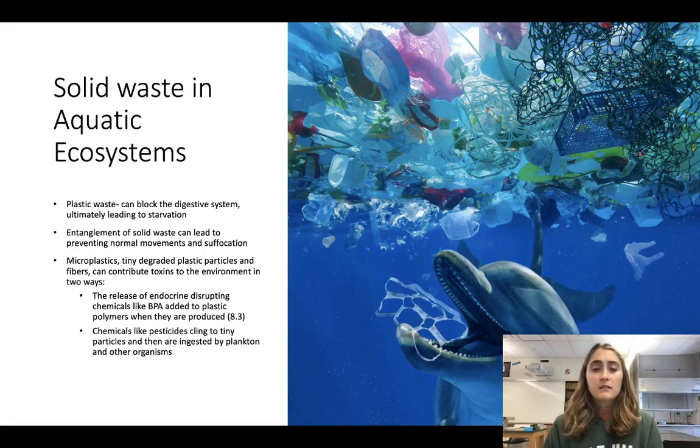And then lastly is microplastics. Really, we're concerned about these tiny plastic pieces because a lot of times they're what contribute to the release of endocrine disruptor chemicals like BPA. A lot of plastics now are BPA free if there's something that you're consuming, but if you're not actually consuming anything out of it, a lot of plastics still contain BPA.